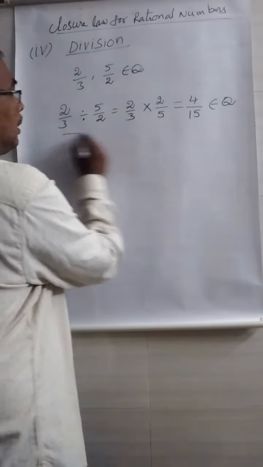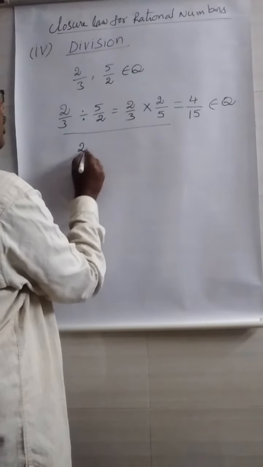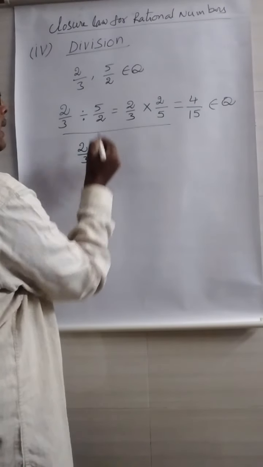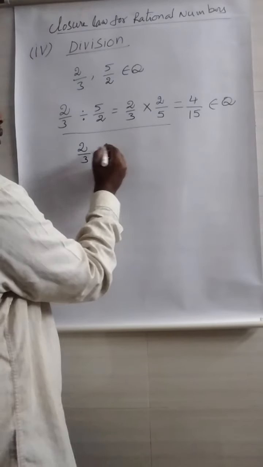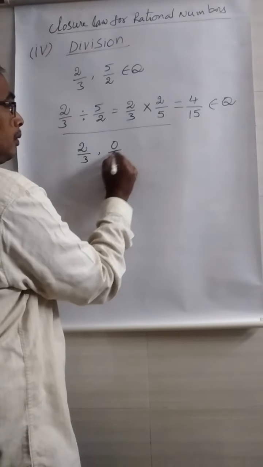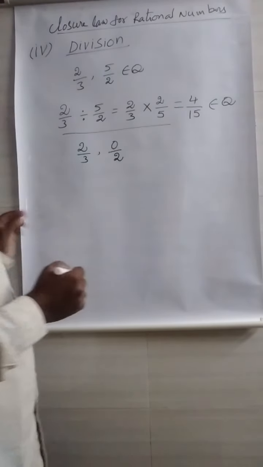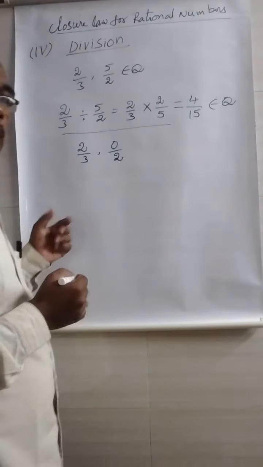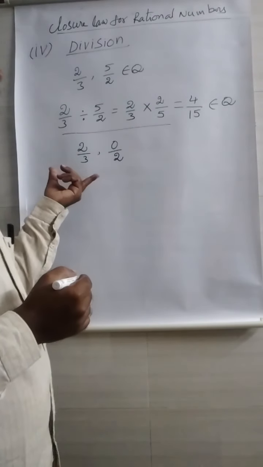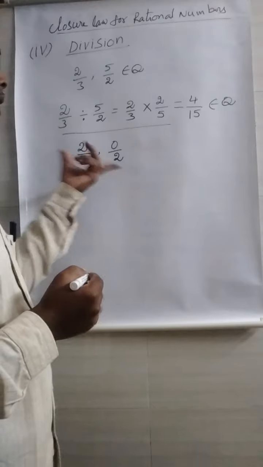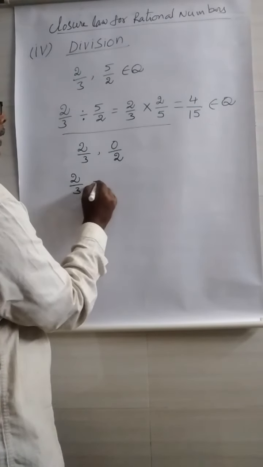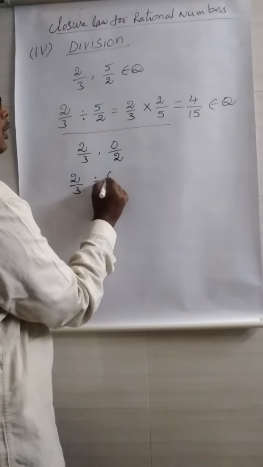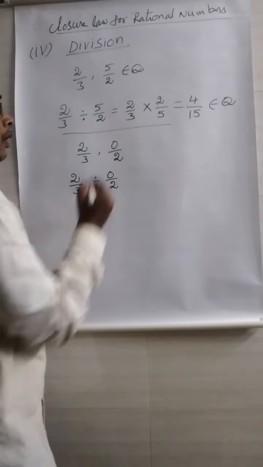You take the first one as usual and you take the second one as 0 by 2. Now you observe what happened. In this case, does it satisfy the closure property or not? 2 by 3 divided by 0 by 2.